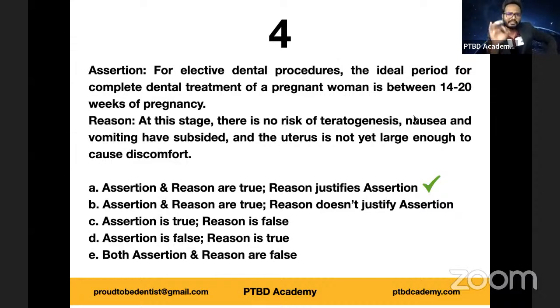And this is the reason why treatments are deferred to a later date if a patient comes to your clinic for elective dental treatments in third trimester or late third trimester. If it's an emergency, yes, we can go ahead, but if not, it's better to postpone treatment, right?